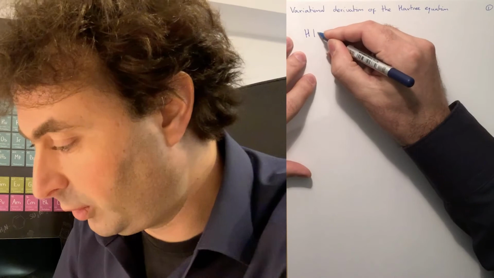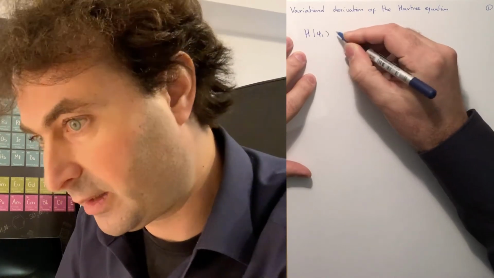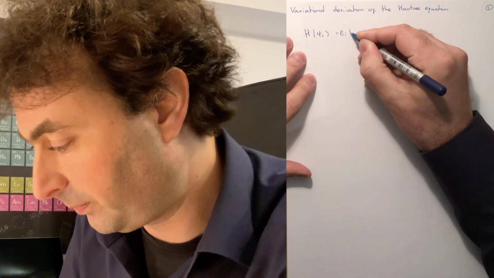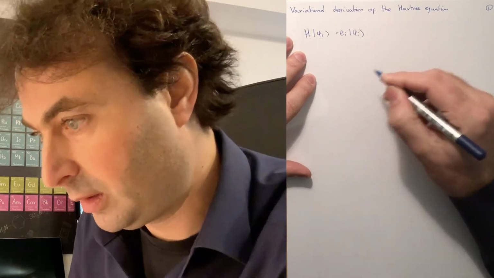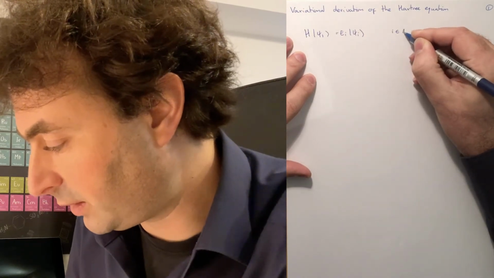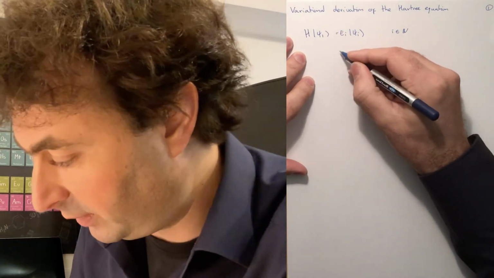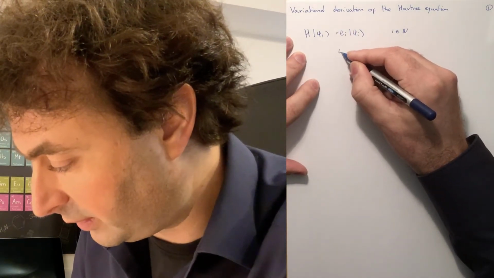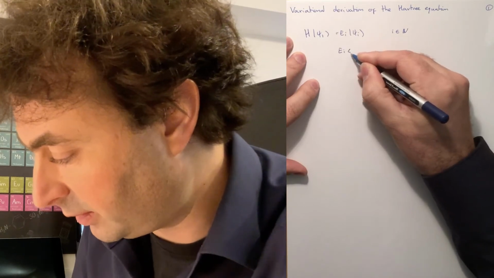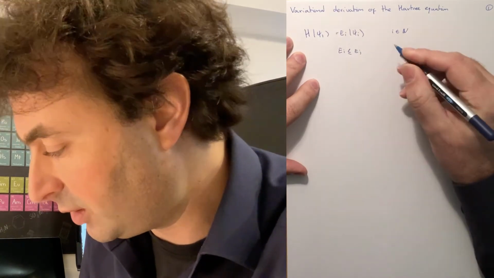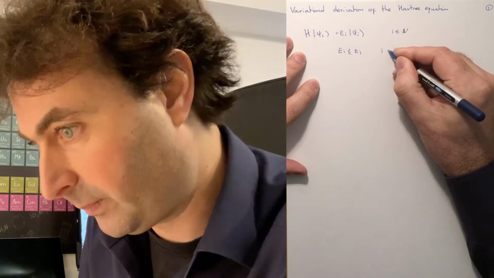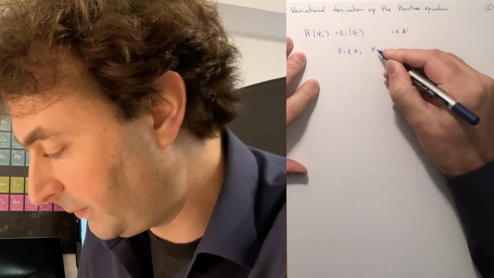So we know that if we look at eigenstates of our Hamiltonian, then these eigenstates span a complete orthonormal set, and we can order the energies of our eigenstates such that Ei is smaller or equal than Ej when i is smaller than j.